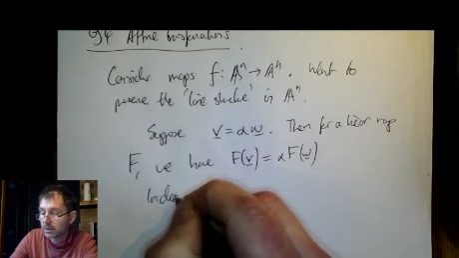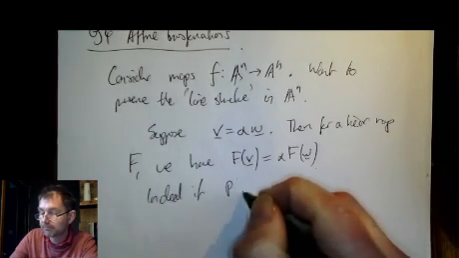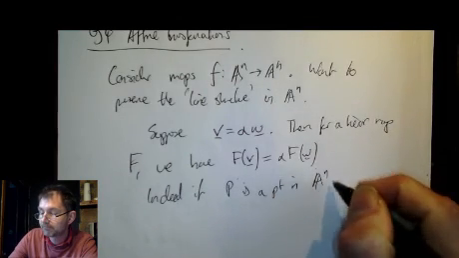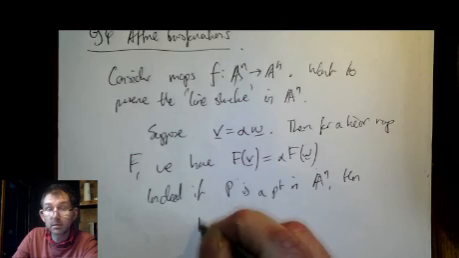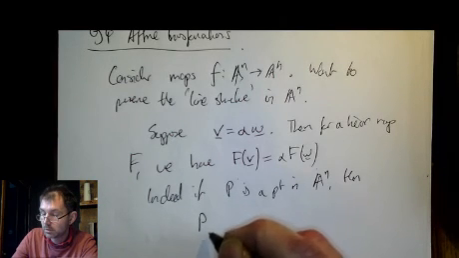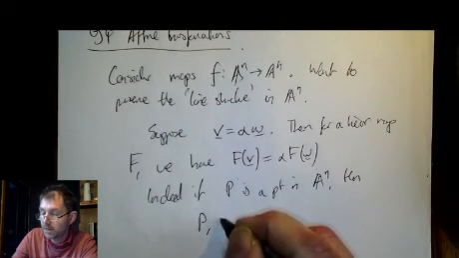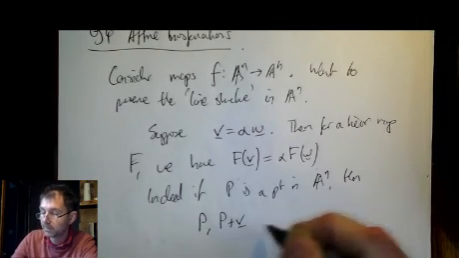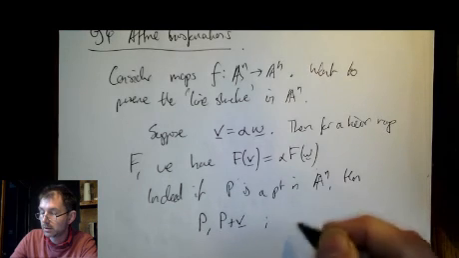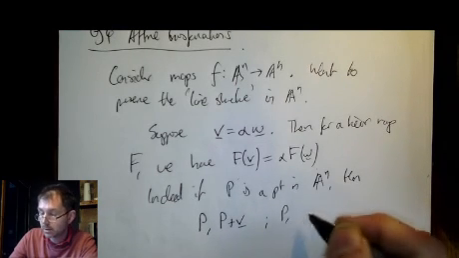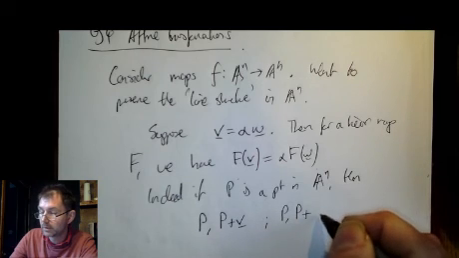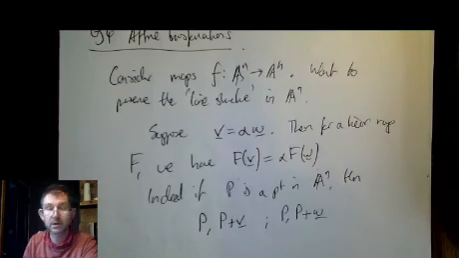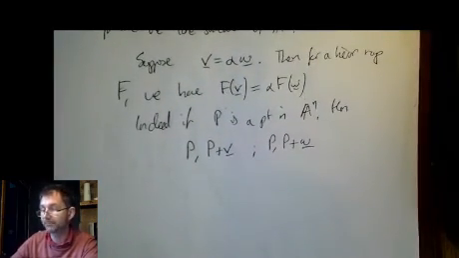So indeed, if P is a point in A^n, then the line segment from P to P plus V will be again a multiple of the line segment from P to P plus W, because V and W are multiples of each other.